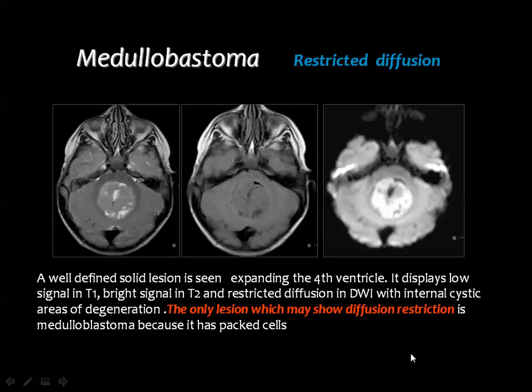Then medulloblastoma, which, as I have mentioned, has a prominent cellularity. The medulloblastoma appears as a little bit bright signal in the T2 and also in the flare. If you inject contrast, it will enhance. But in the diffusion weighted image, you see very bright signal, meaning that there is restricted diffusion.